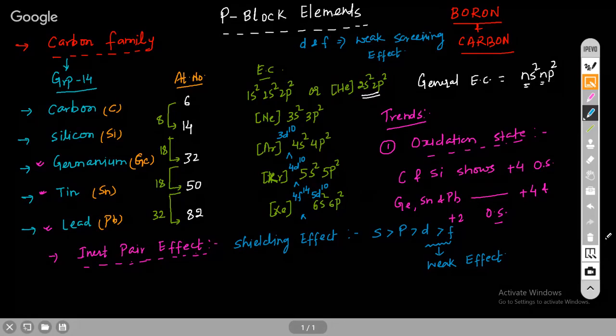Okay, so see how the +4 oxidation state forms: when the 4 electrons present in the outermost electronic shell take part in the bonding.